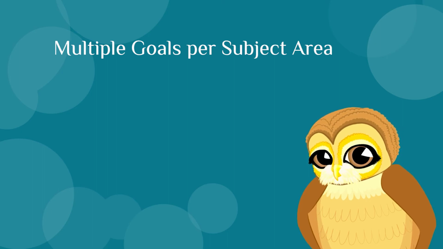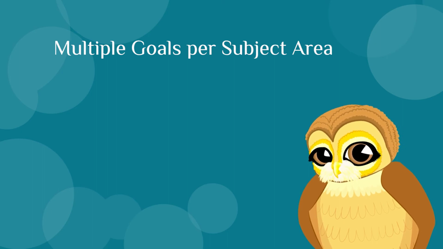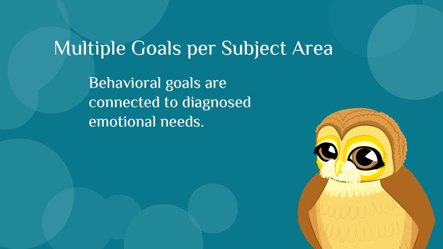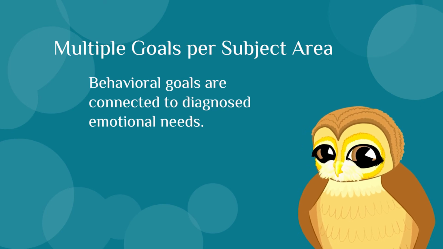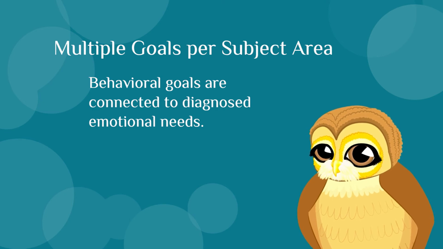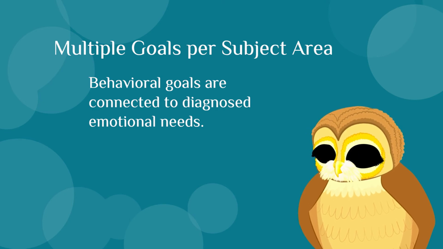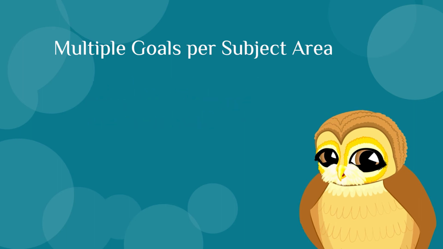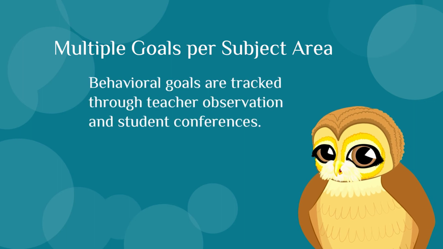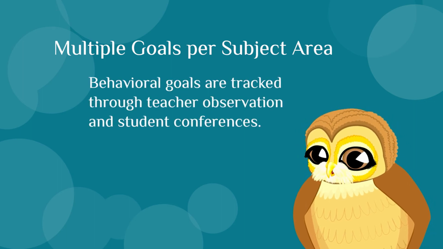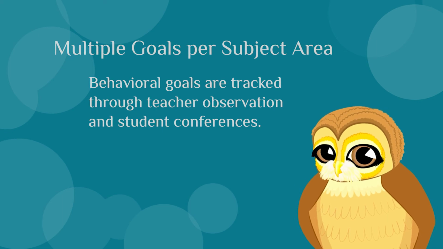Any area of disability, even behavior, can be assigned a goal. An example of a behavioral goal is if a student struggles to complete work due to anxiety or depression or some other form of a diagnosed emotional need. Then a behavioral goal concerning work completion would be appropriate. Behavioral goals are tracked the same way that academic goals are tracked, through teacher observation and student conferences.